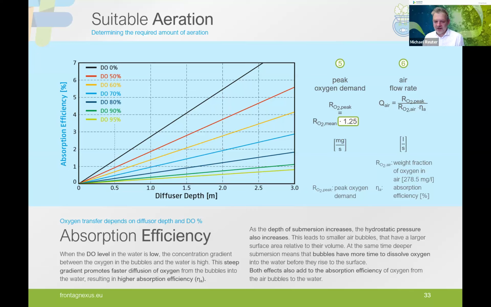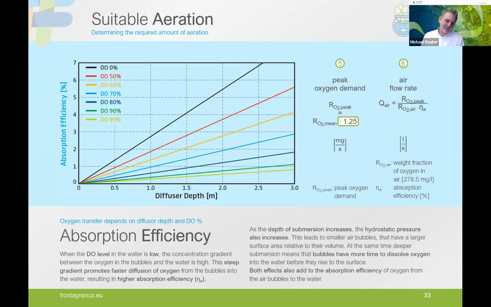And that's why it is important how deep our air diffuser is submerged in the fish tank, because if it is deeper, we have a higher pressure that helps to transfer oxygen from the air bubble into the water, and also a longer way for the bubble up through the water. So the contact time will be longer, and this also helps to transfer oxygen from the air bubble into the water.